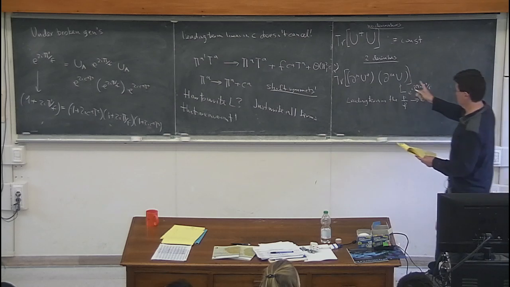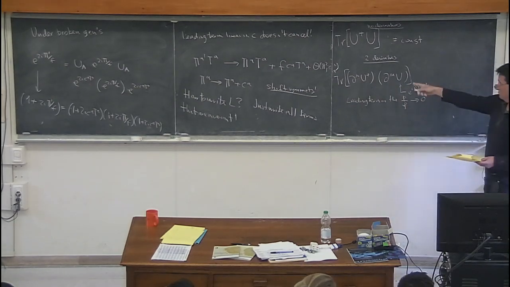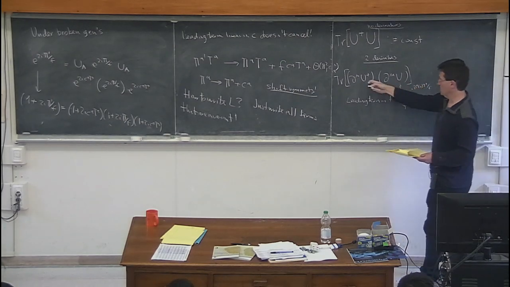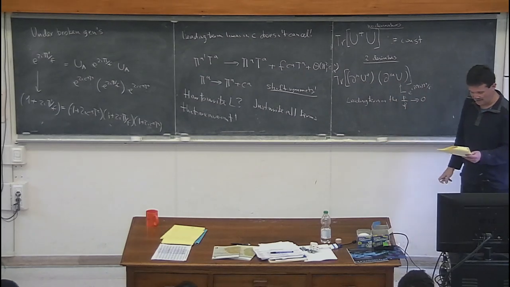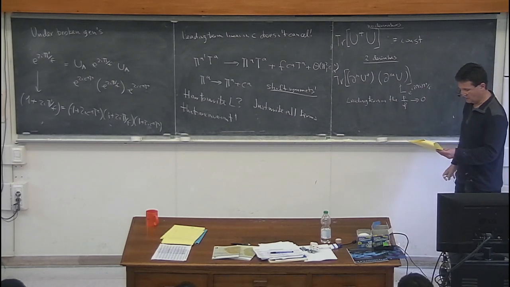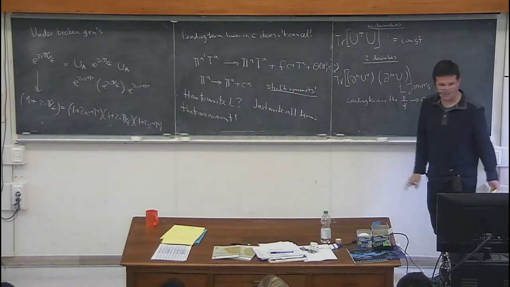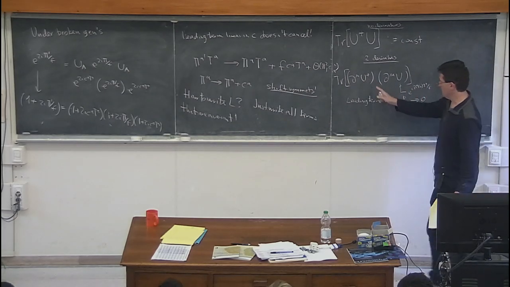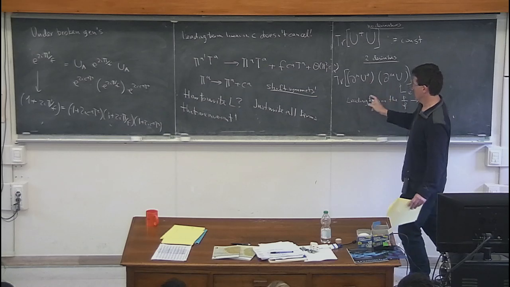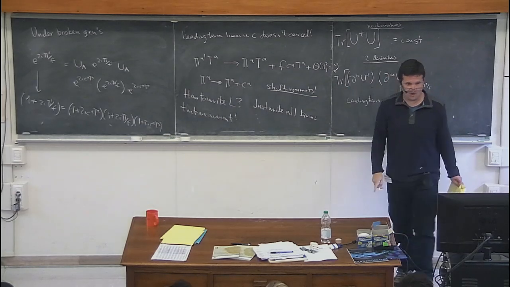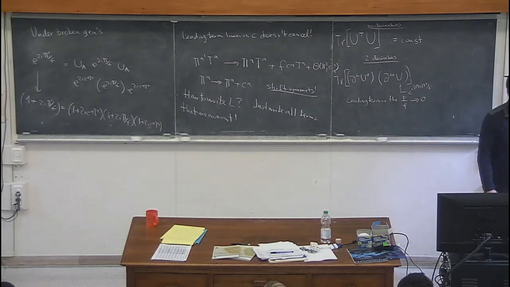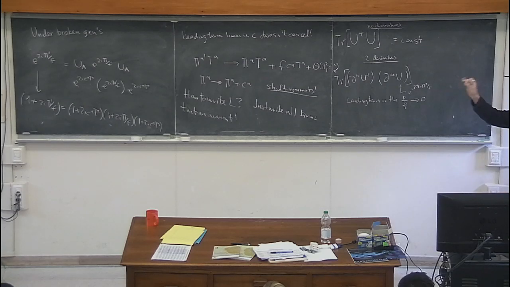So you can just go ahead and write this term. You can expand it in terms of the pion fields, and what you're going to find is that there will be a kinetic term for the pions. Whatever that kinetic term is will fix the overall coefficient of this invariant, because you want that kinetic term to be canonically normalized.